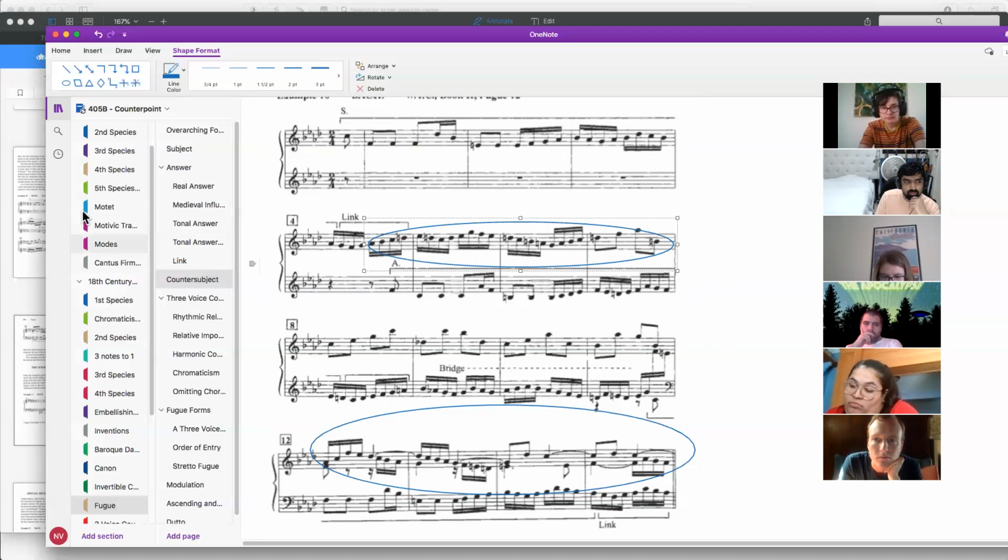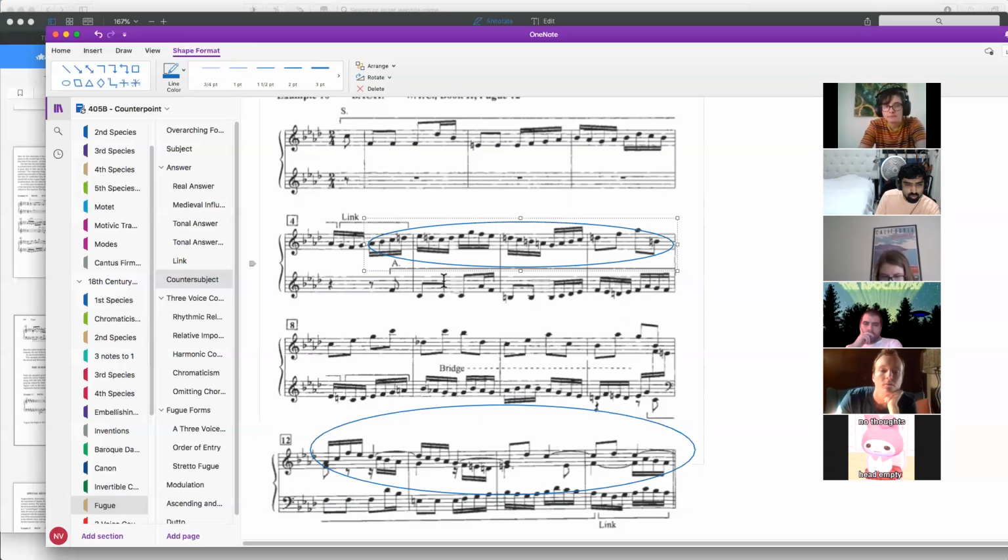In this particular example, there's a lot of second species. So you basically see 2 notes against 1, 2 notes against 1, 2 notes against 1, etc., right? And then you see it flipped a little bit. But it's still 2 against 1 counterpoint.